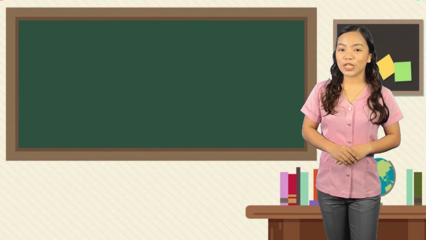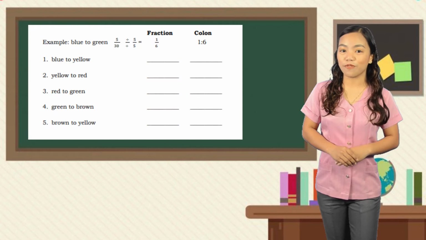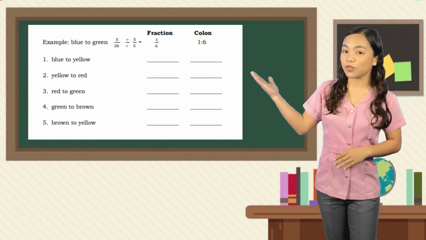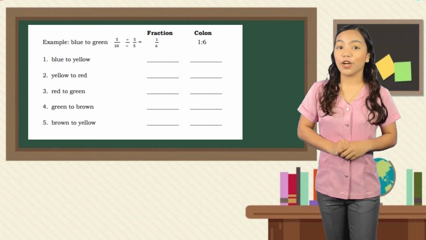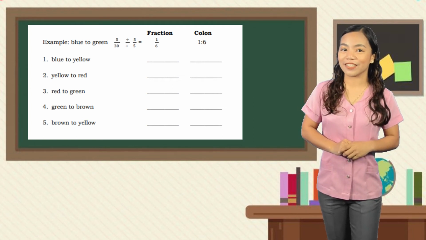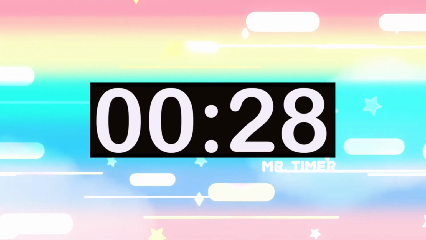Now, you shall be given 30 seconds to answer items 1 to 5 as shown on your screen and found in your modules. Your 30 seconds starts now.